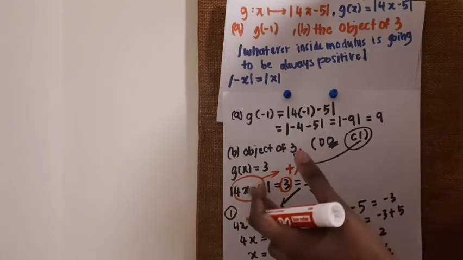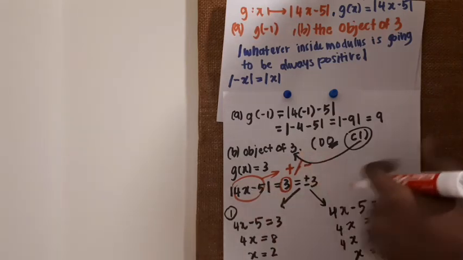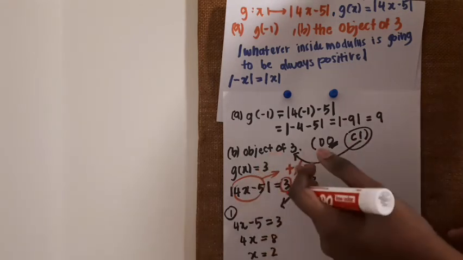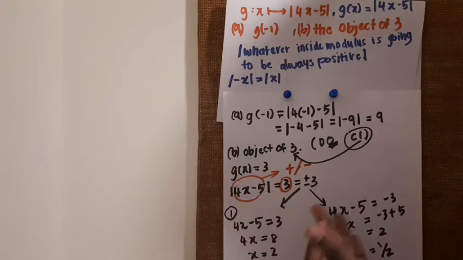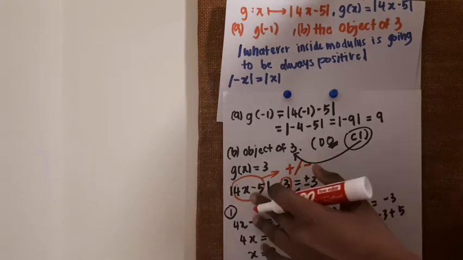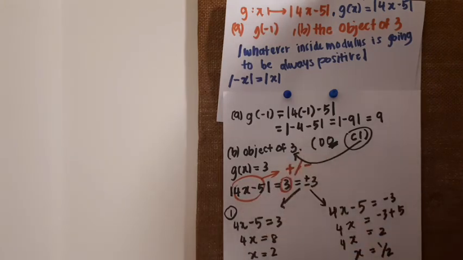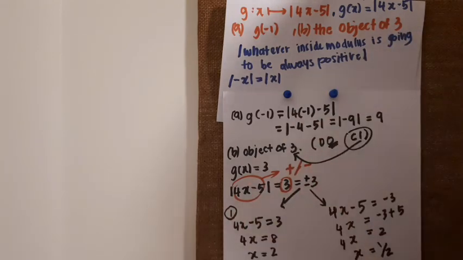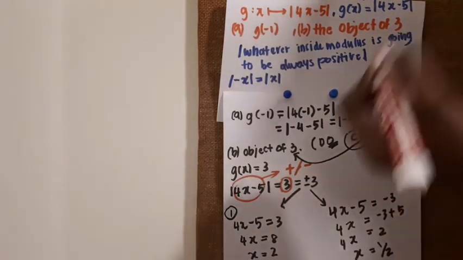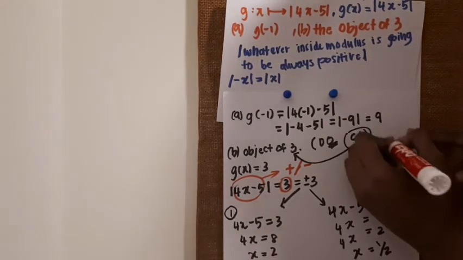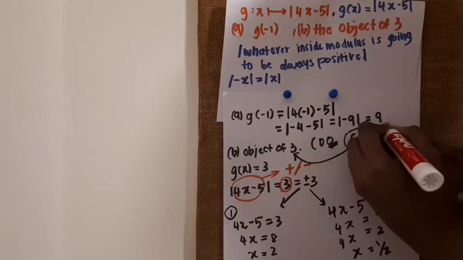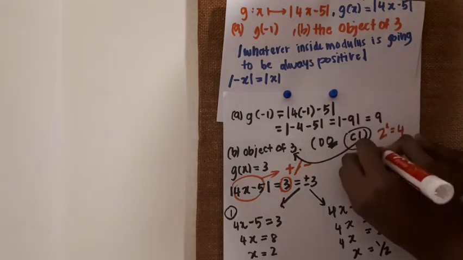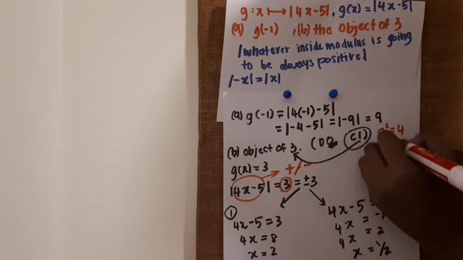But now as we are solving for x, we have to see two possibilities, where it can be either a positive output or a negative output, because we don't know what x is. So to find out that, we should always look at the two possibilities. Exactly the same concept as I have mentioned in earlier videos for squares: 2 squared equals 4 and negative 2 squared is also equal to 4.